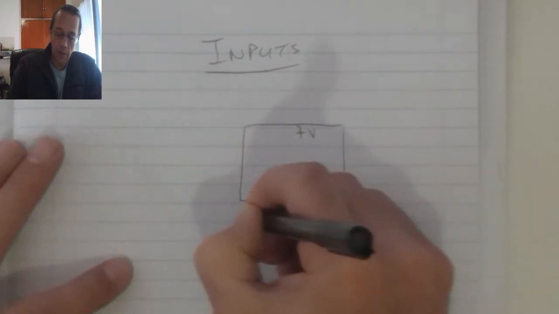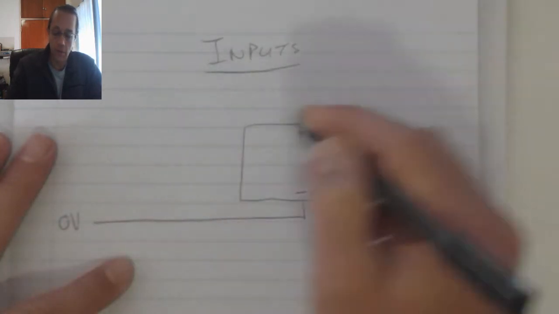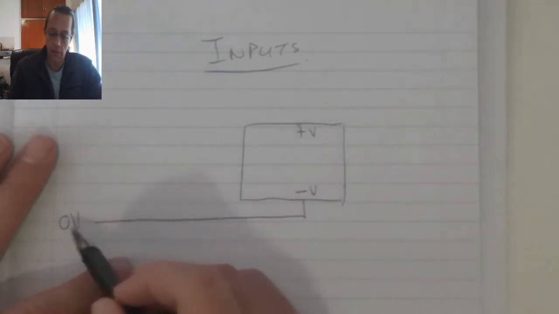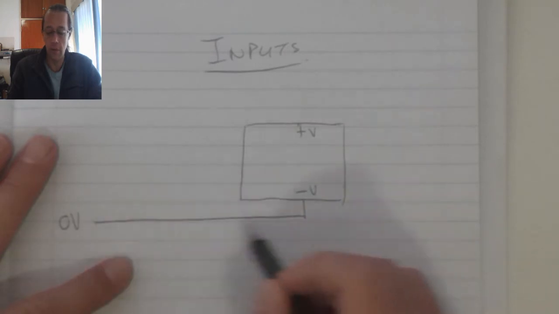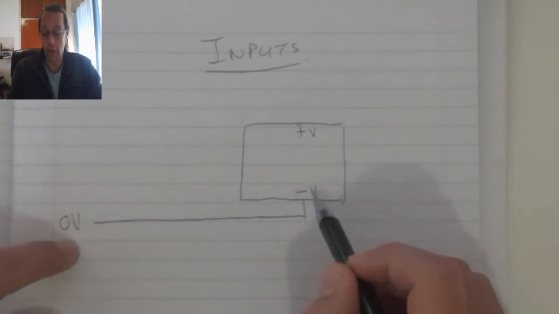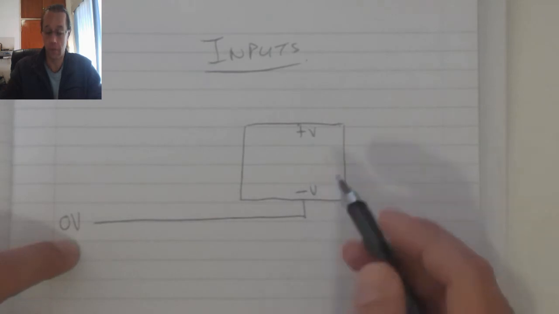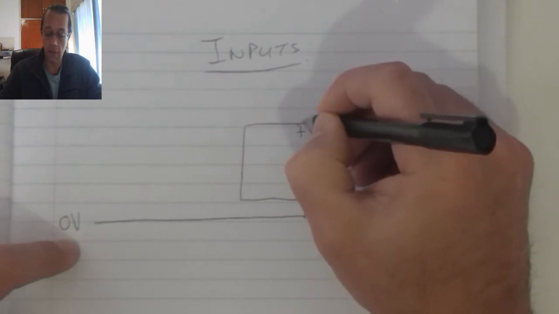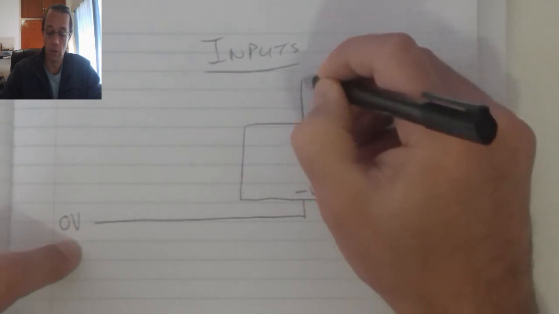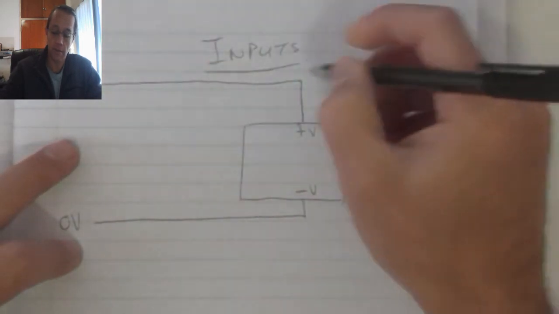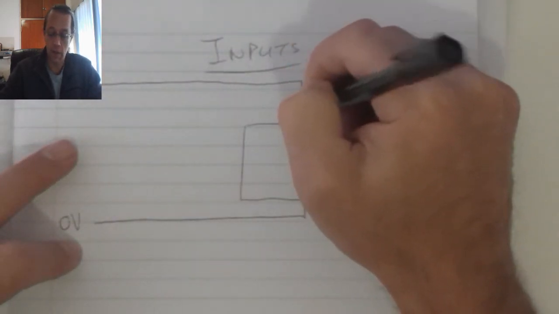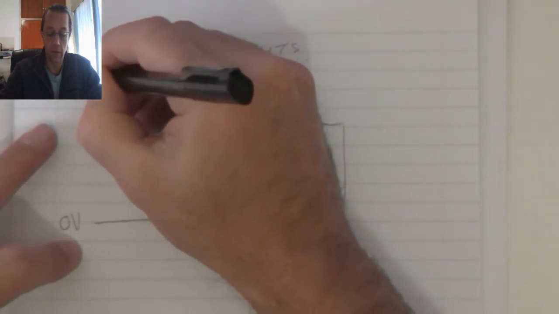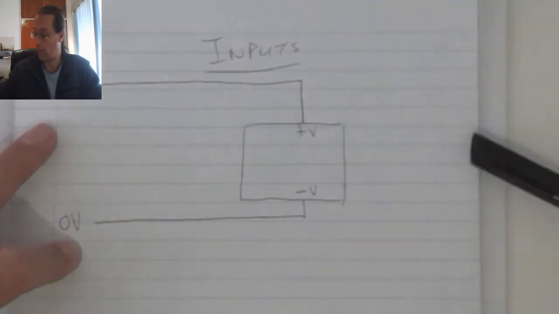The negative voltage supply will tell the PLC what, along with supplying power to the PLC, the 0 volts or the negative supply voltage will tell the PLC what the voltage is that it can expect to have at a logic 0 state or at an off state, and the plus V or the positive supply will supply the PLC with the value of what a logic 1 is going to be.